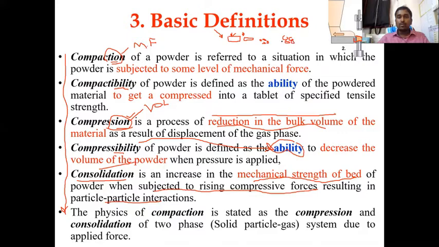Now, when you compress using the upper punch, it will lead to the formation of a tablet. A solid tablet. That means no space is there. All spaces have been avoided with the particles. It is a tablet.